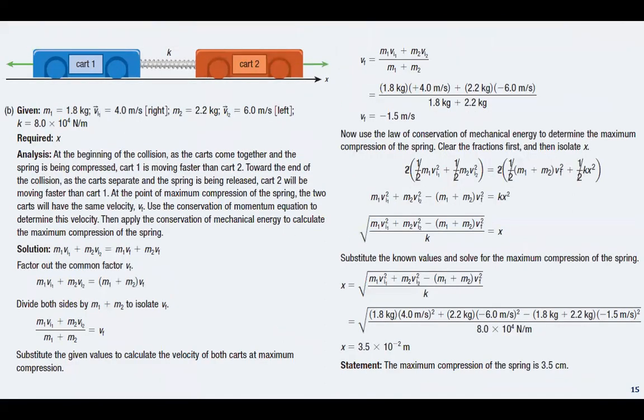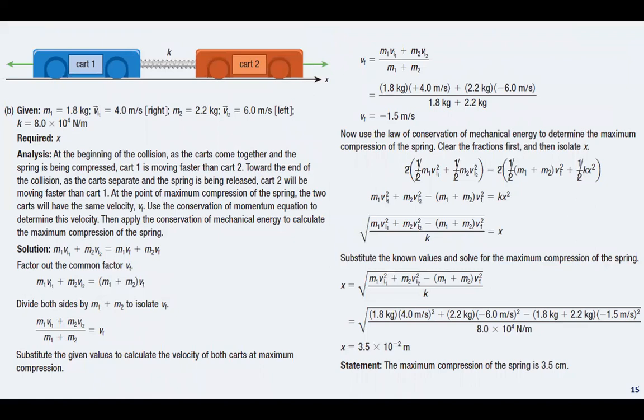So the method is similar, except that in this case, when the spring is compressed to the maximum, the velocity of the two cars should be the same, right? So at the beginning of the collision, as the cars come together and the spring is being compressed, car 1 is moving faster than car 2.